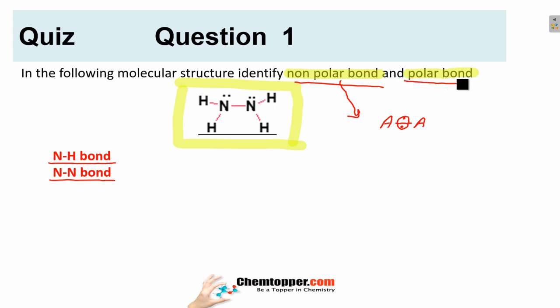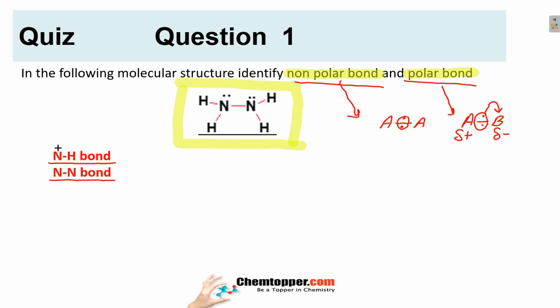In polar bond, we have two different atoms bonded to each other, and one atom is exerting a stronger attractive force on the shared pair of electrons than the other one, and that results in the charge separation of minus and plus, and that's how the bond is classified as polar bond.